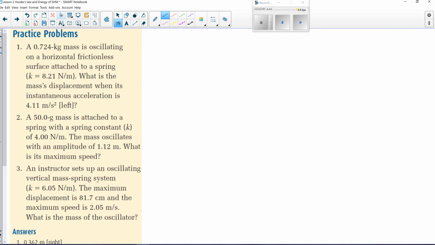Now, the thing we didn't talk about with Hooke's law yesterday is something that's happening in question number 1. In question number 1, we are given a mass, and we're told it's on a horizontal, frictionless surface, and that the mass is oscillating back and forth. So if it's on a horizontal surface, and that surface is frictionless, what is the only force causing the mass to move back and forth?